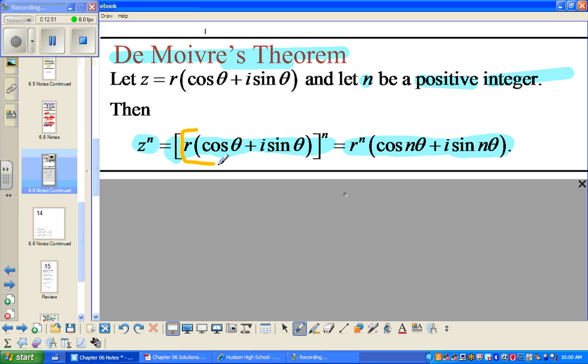This is the complex number right here. If I'm raising that to the nth power, as shown here, all you need to do is raise the number out front to the nth power, that r value, and then multiply the thetas on the inside by n. That's it. Do that, simplify, and you're done.